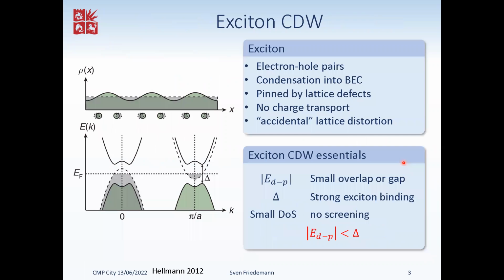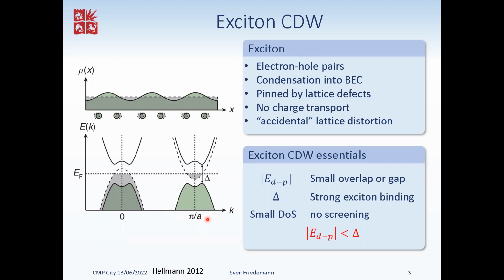In addition, we can have the excitonic charge density wave mechanism by which one forms electron-hole pairs, and these condense into a type of Bose-Einstein condensation. The requirement for that is that the charge density is small because one needs to avoid screening. One needs to retain a finite Coulomb interaction between electrons and holes to form these pairs.